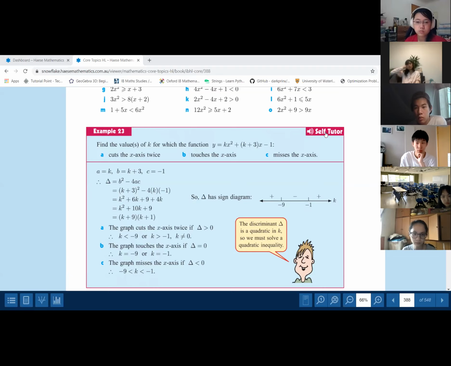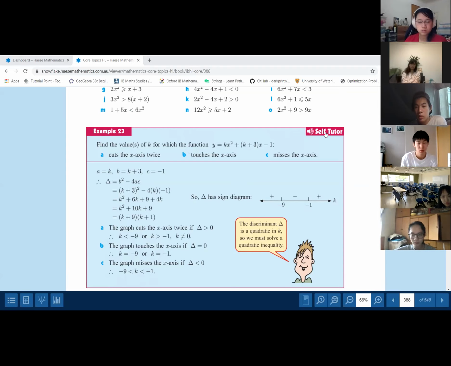We start with the coefficients of the quadratic and substitute them into the discriminant. We expand the perfect square and multiply out the remaining term, taking care that a negative times a negative is positive. Next, we collect like terms. Now, we need to identify the values of k for which the discriminant is negative, 0, or positive.